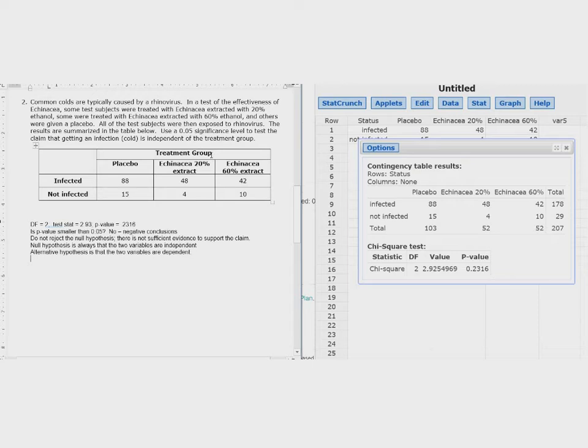So in other words, there's not enough evidence to say that they're related. We can say that they're related, associated, or dependent, whatever. In terms of this problem, that would mean it's saying that the echinacea treatment isn't making a significant difference to the infection status.